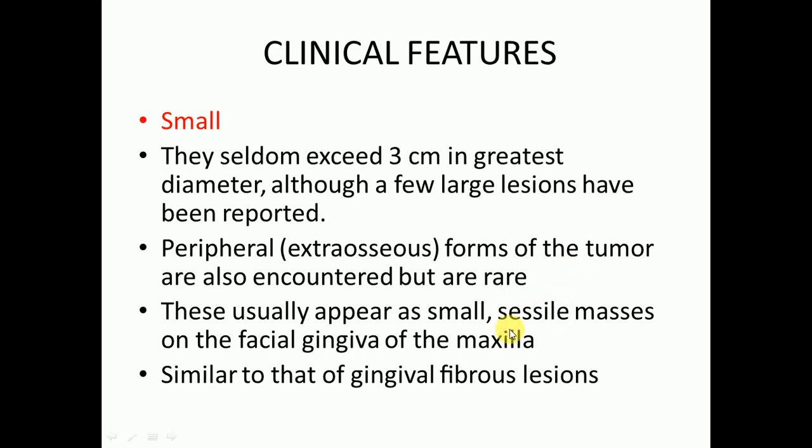In sessile lesions the base will be broader, whereas in pedunculated lesions the mass will be attached to a stalk, so the base will be narrower. It is similar to the gingival fibrous lesions.